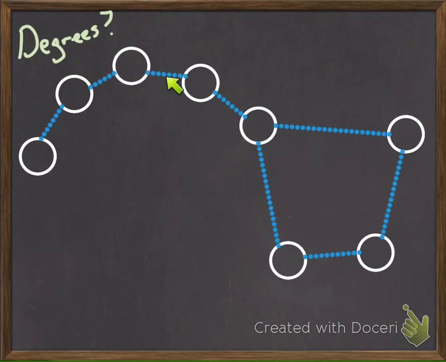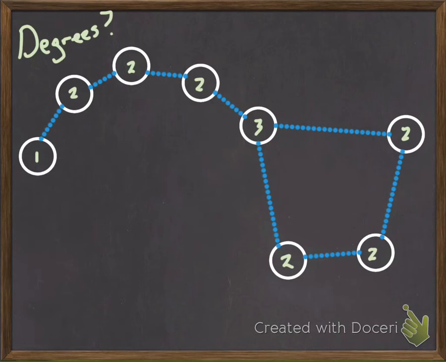That's 2, and then 2, and then 2, and then 3, right? 2, 2, 2. So let's write those down. So these are all of the degrees for each vertex. This is an example of a graph that has 2 odd vertices. So we can't have an Euler circuit here, meaning we can't start and end at the same place, but we could have an Euler path.